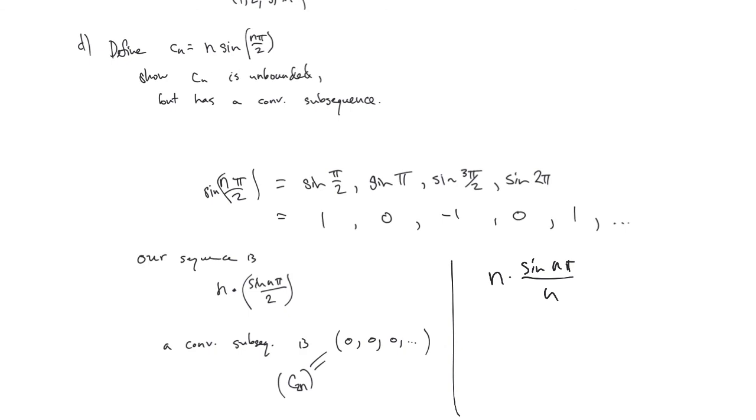You can see a convergent subsequence if you look at what happens to the zeros. What about if you look at what happens to the ones? What happens to the ones? Yeah, if you look actually just at the plus ones, they get multiplied by n every time.